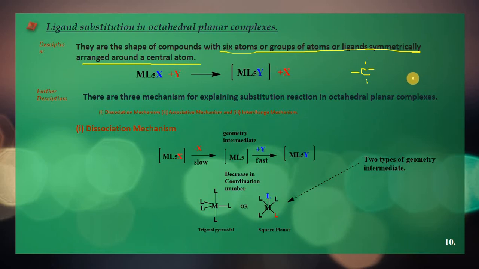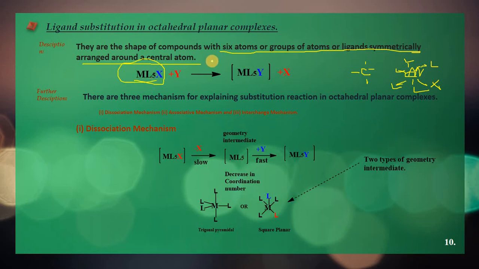But this is octahedral, with 6. Apologies for my drawing. So let me use my example: M at the middle, L, which is 1, 2, 3, 4, 5, and S we then attach, which is ML5S. So this is octahedral.